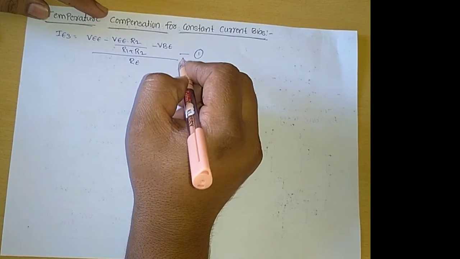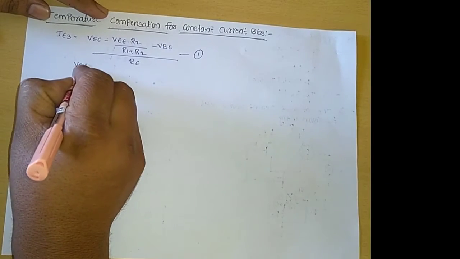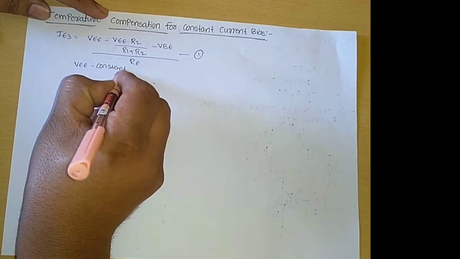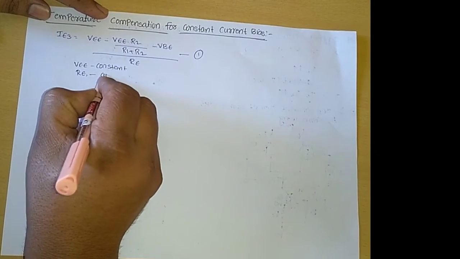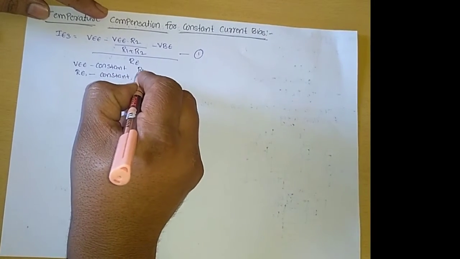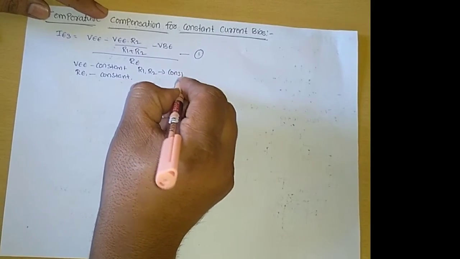With respect to the above equation, we conclude one important point: in this equation VEE is constant, the emitter resistance RE is constant, and the resistors R1 and R2 are also constant.